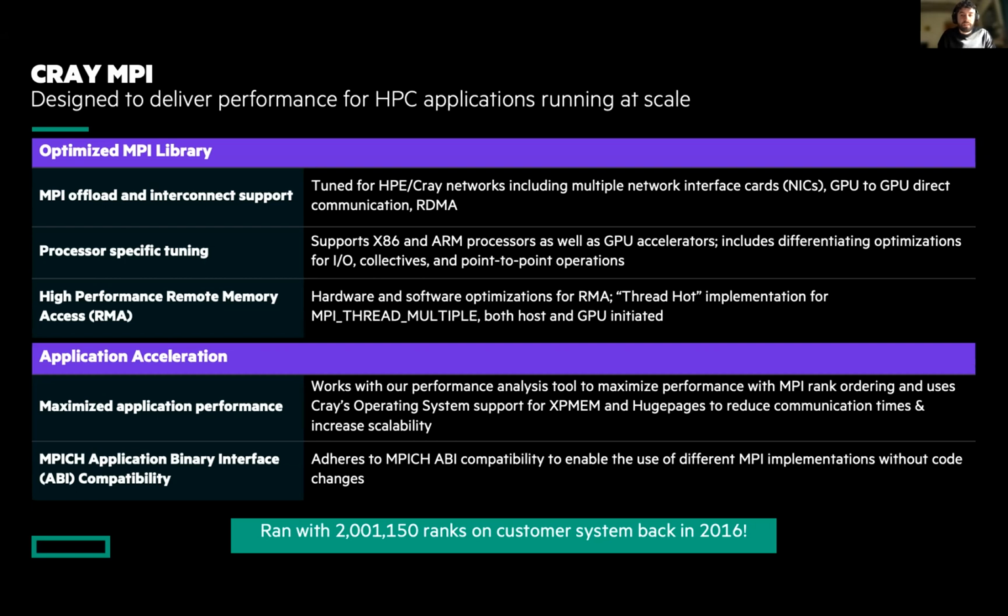And so CRAY MPI is derived from MPICH, which was an implementation of MPI 3, started by Argonne, I believe. And this is highly optimized for your high-speed interconnect. And so the CRAY MPI library is optimized for very low latency and high bandwidth, both on and off node, for point-to-point and collective communication.